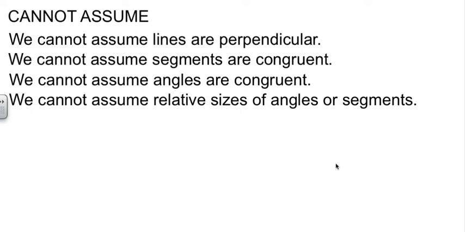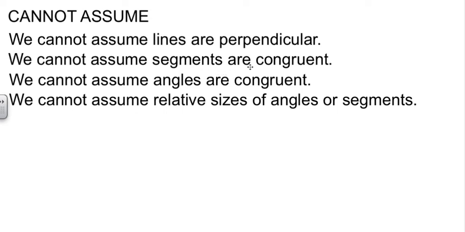Things you cannot assume. You can't assume just because they look like they're perpendicular that they are. You know lines cross each other, but unless you're told they're perpendicular, you can't just assume they are. And we'll be adding to this list later, by the way.